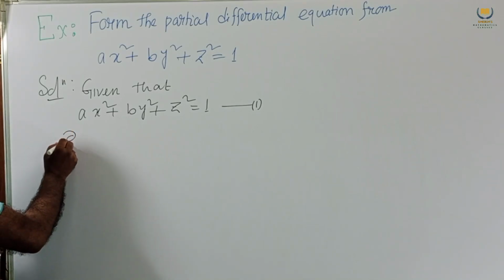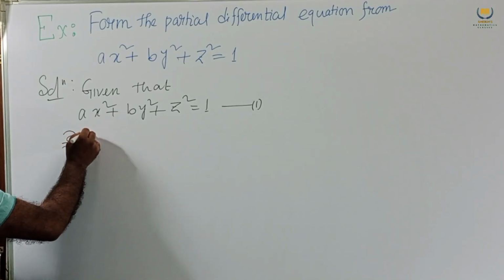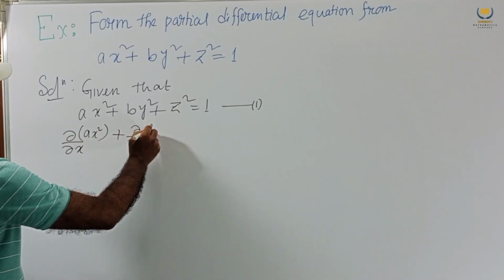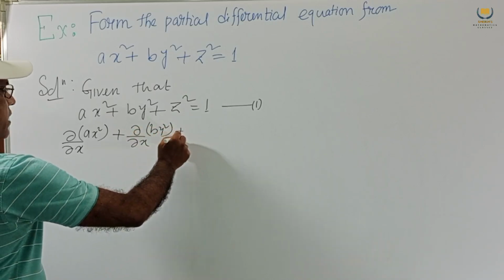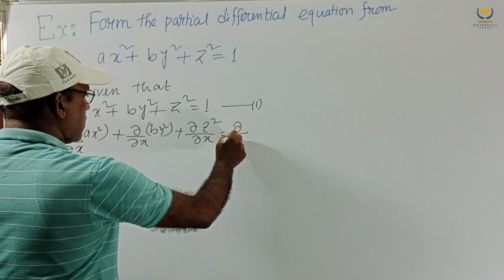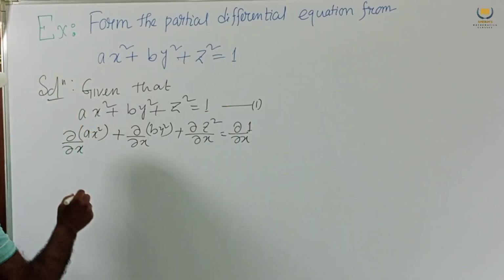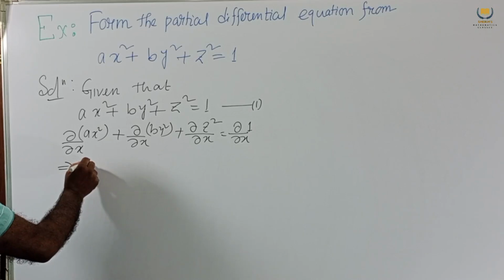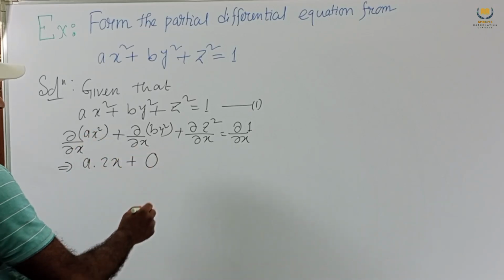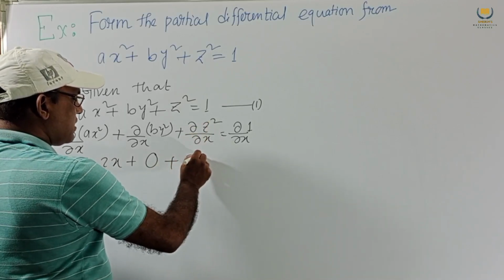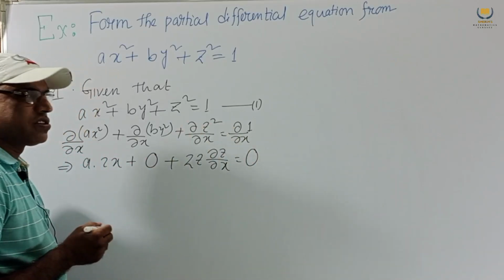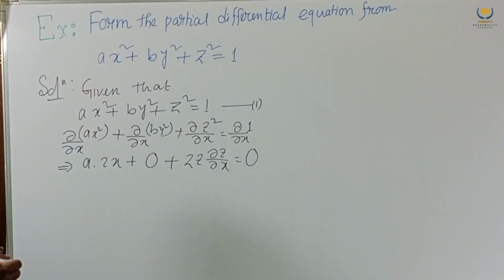So we differentiate partially on both sides with respect to x, we get this one. a is constant, d/dx of x square is twice x, this is y so this will be 0, and this is z square, which means twice z del z by del x, and on the right hand side 1 is constant, this is 0, without showing the chain rule.